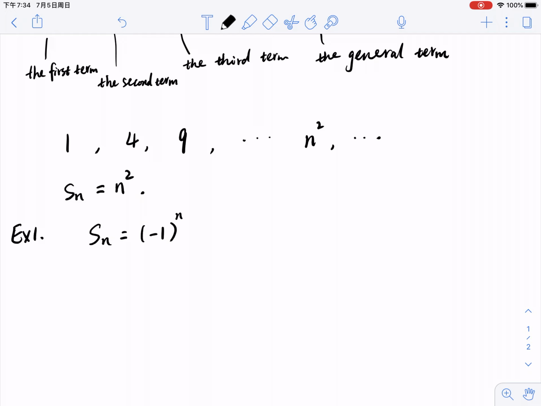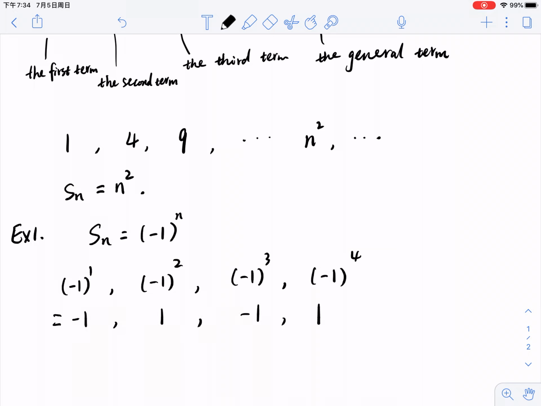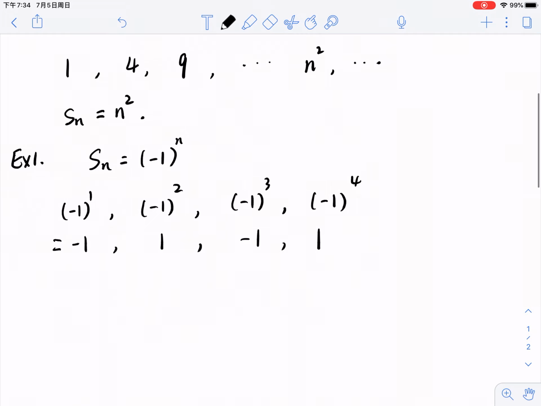So the first term is when n is 1, so it's -1 to 1. N is 2, -1 to 2. The third term, n is 3. The fourth term, n is 4. So we get -1, 1, -1, 1. So this is the first 4 terms of this sequence.